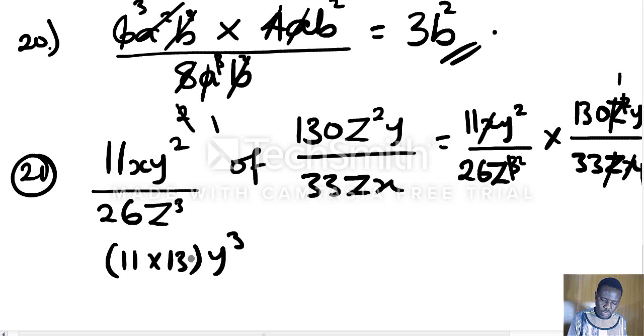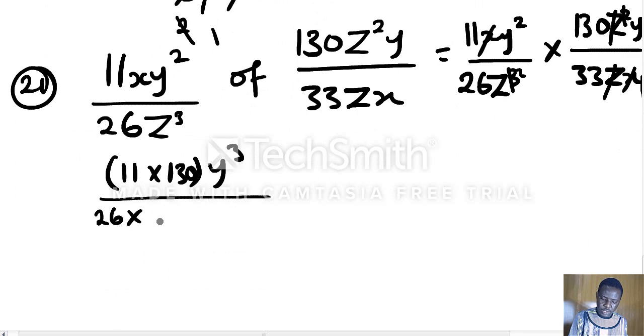Okay, this is 130. 11 times 130 divided by 26 times 33 times z squared, and this is equal to 11 into itself is 1, 11 into 33 is 3 times.